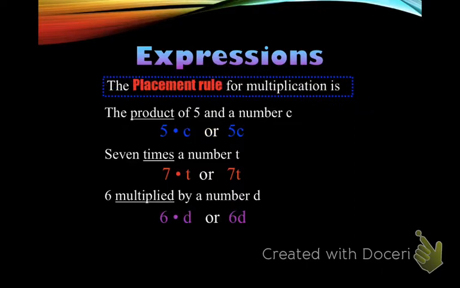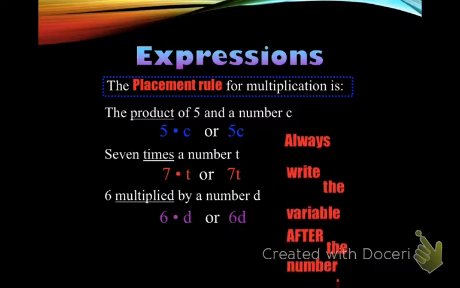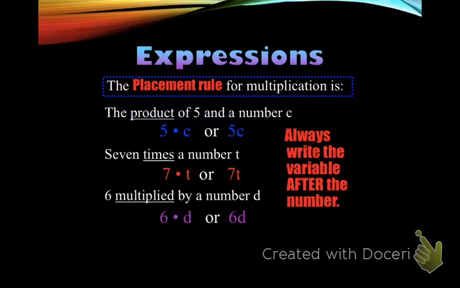Okay? Now, there's a rule. Notice it says multiplication. The rule for writing multiplication expressions is up top. The placement rule for multiplication is that you always write the variable after the number. So you notice that it says the product of 5 and a number c. You'll see that we wrote the number first on all of those.